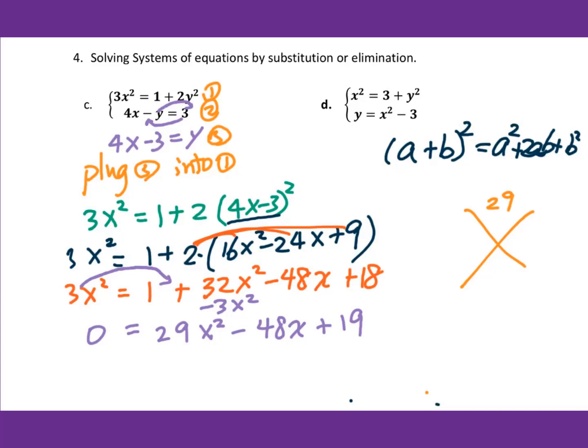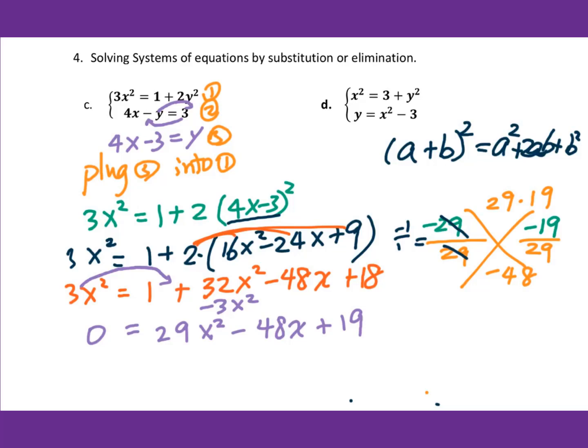29 times 19, over 29, over 29. This part is negative 48. That's negative 29, negative 19. So you reduce, get negative 1, 1.